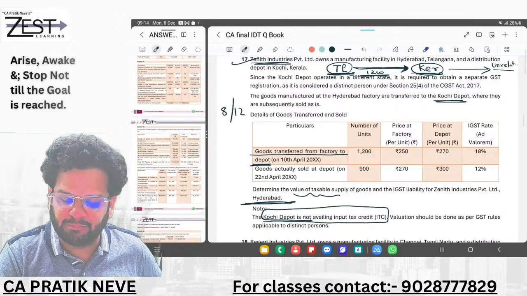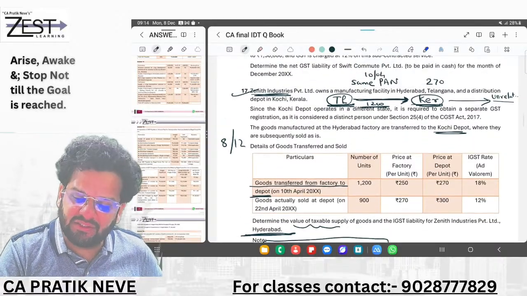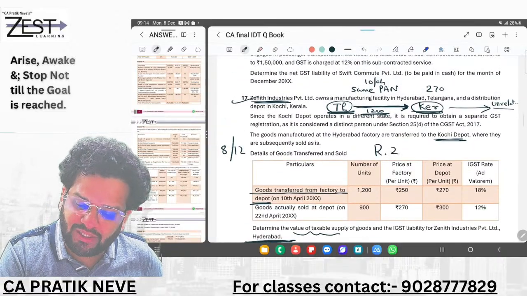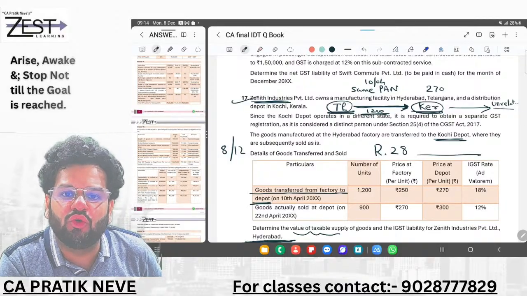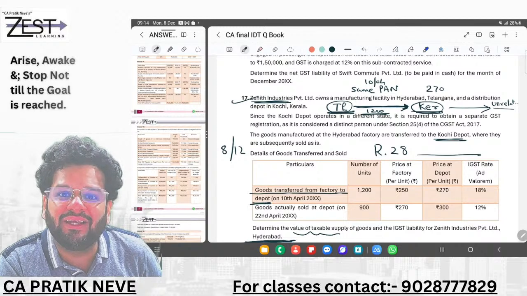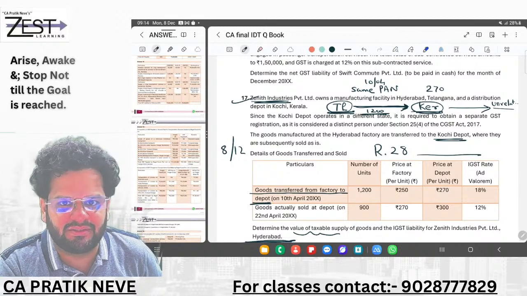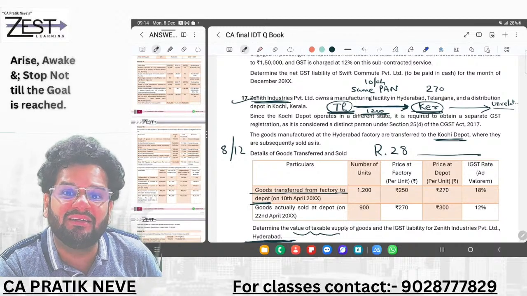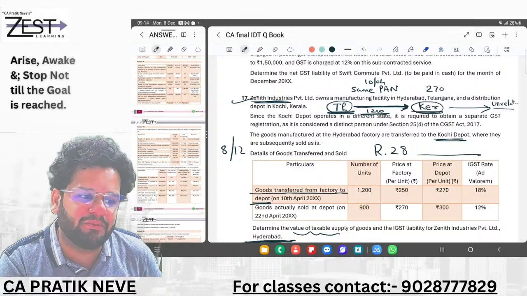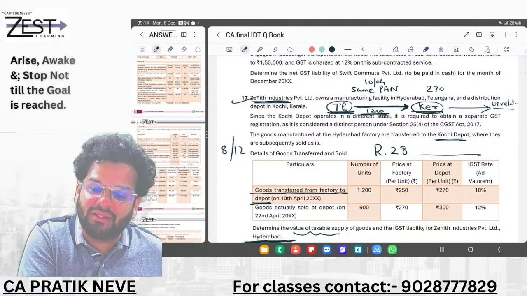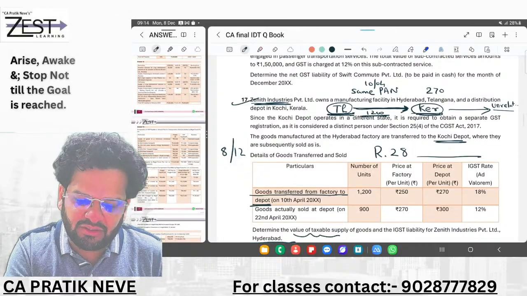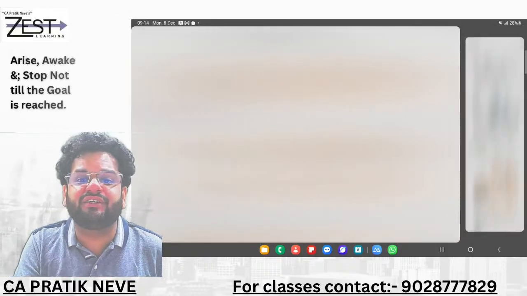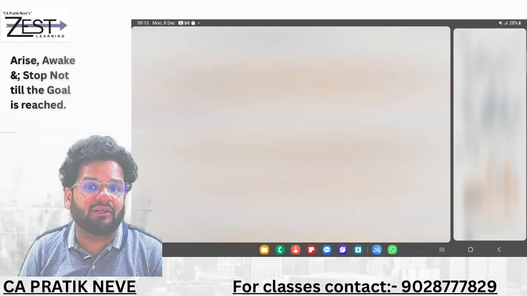Okay, see, this is as per Rule 28. Rule 28 is supply of goods or services between related persons or between distinct persons. In such case, you have to consider open market value.